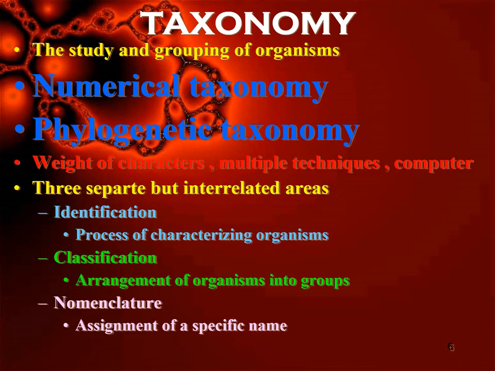In numerical taxonomy, we use a huge number of techniques, and every technique has an equal weight to another technique. This taxonomy system depends on morphological characters and uses a computer in the analysis of data.